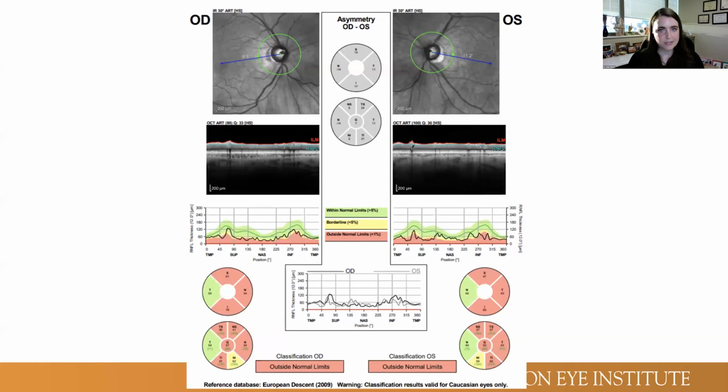But you can see in this red-free image there's clearly cupping. So I'm already suspicious for glaucoma being present in this myopic eye before I even get down to looking at the global thickness score and the average score of each of the quadrants of this optic nerve.